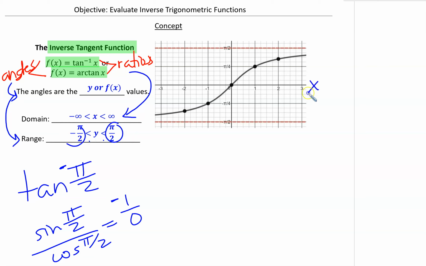So this is our x-axis. Notice that it goes to the left and the right to infinity. So that's from negative infinity to infinity. That's our domain. And then our range, we restrict to, here is our first quadrant where tangent will be positive. That's quadrant 1 where tangent is positive.